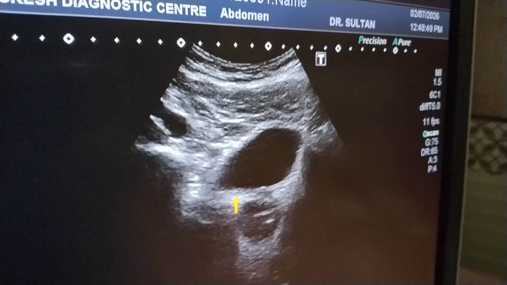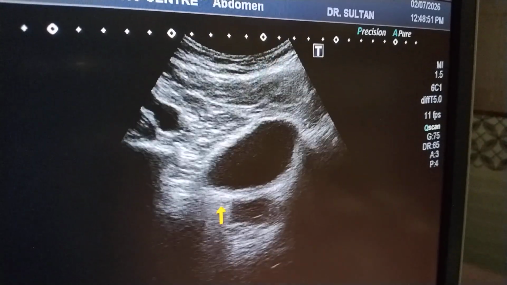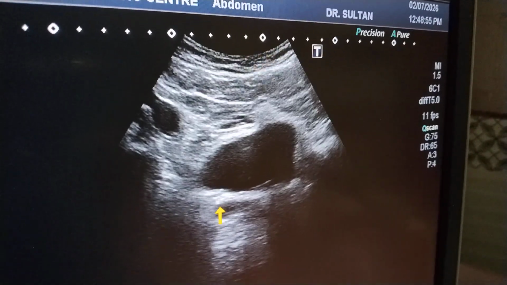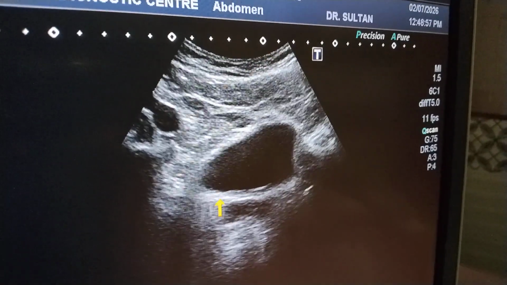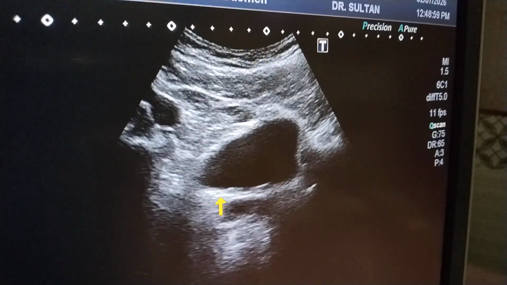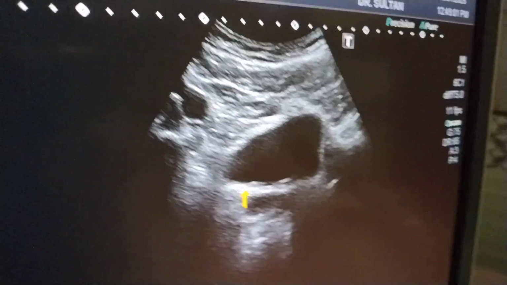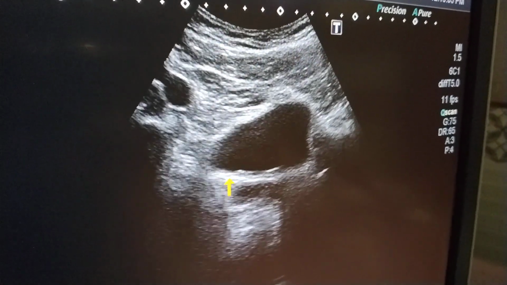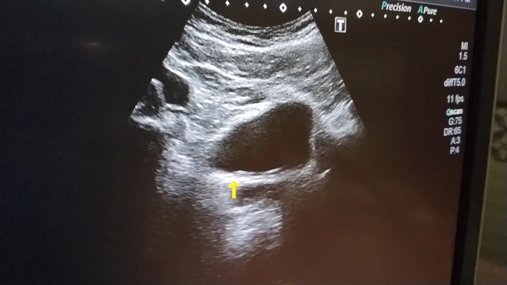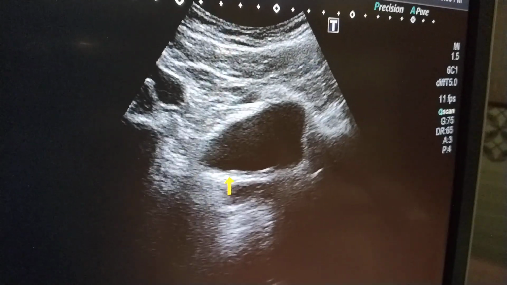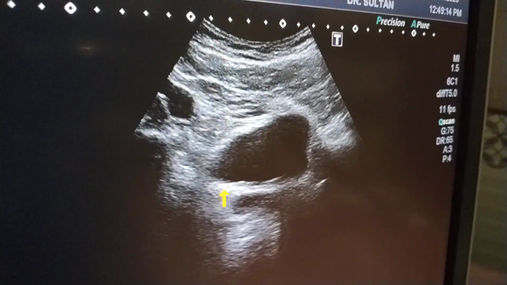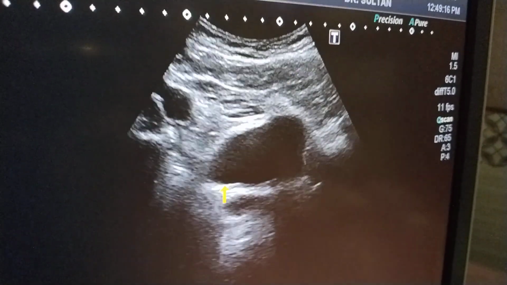So this is called the intramural part of the ureter. It is present within the wall of the bladder, and this is the main portion where there is a flap valve mechanism that prevents the urine from refluxing into the kidney until this mechanism fails.